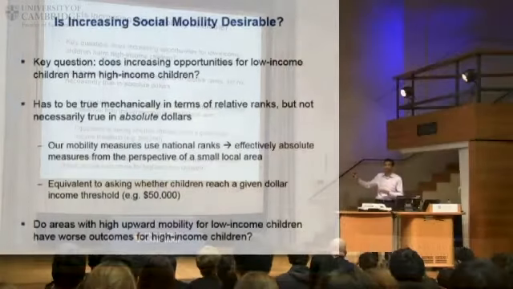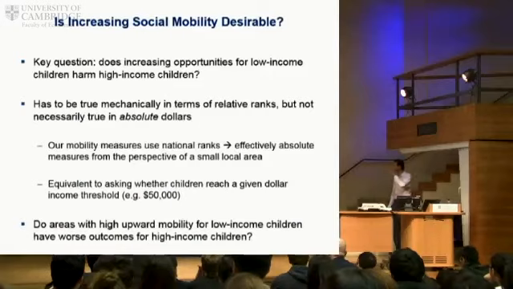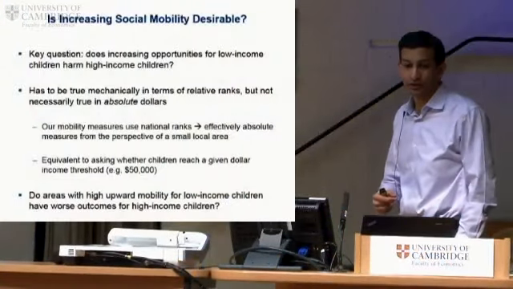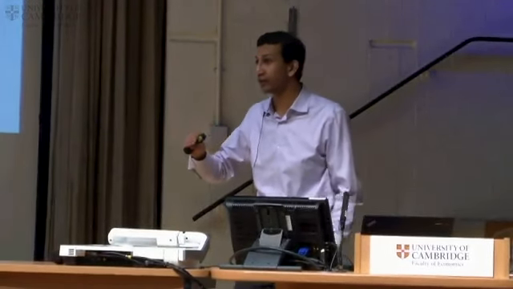Now, the mobility measures that we used in the work that I was talking about mainly in the last lecture, they use national ranks. So they're effectively absolute measures from the perspective of a small local area. So essentially, you can think about these national ranks as equivalent to asking whether children reach a given dollar income threshold.